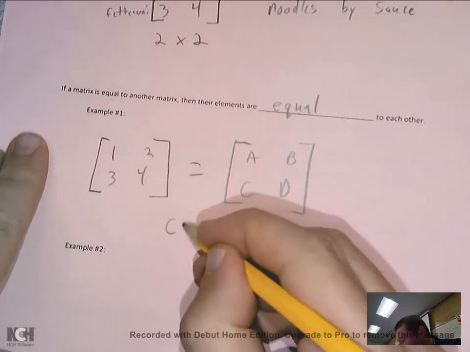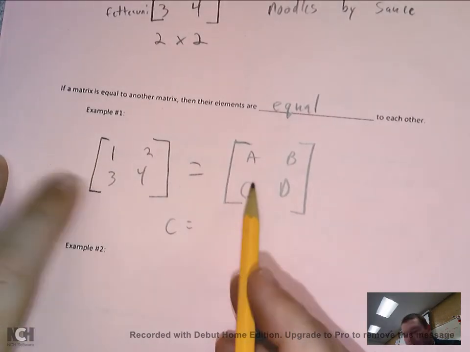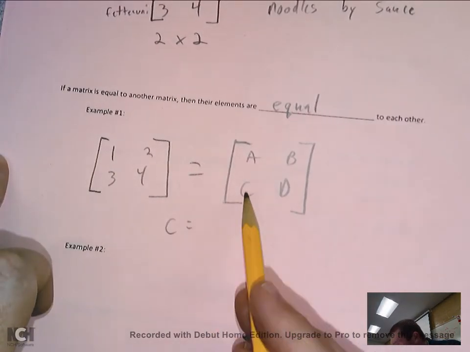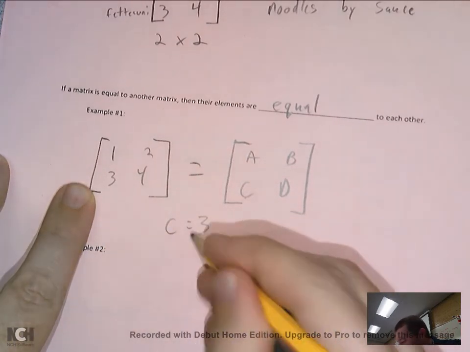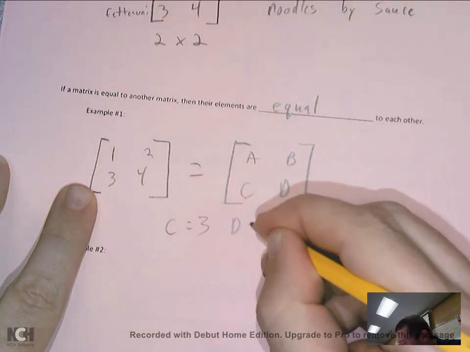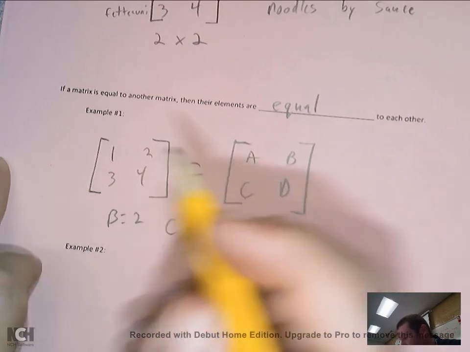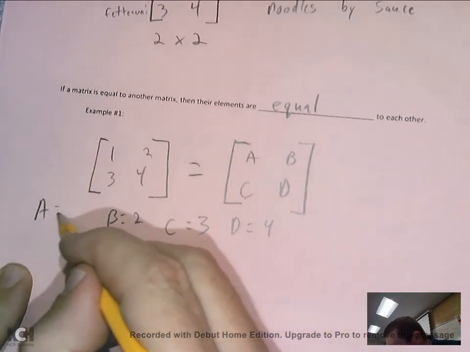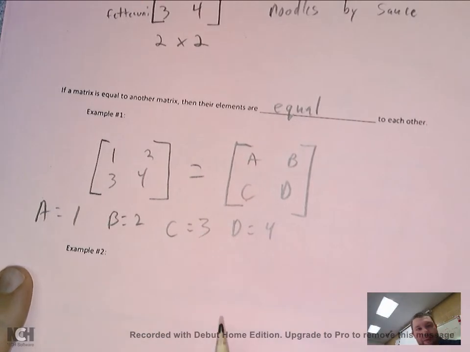Well, C would equal the same element in the other matrix, right? So this is in row 2, column 1. So row 2, column 1 is 3. So C would have to equal 3. Okay, not too tough, right? D would have to equal 4. B would have to equal 2. A would have to equal 1, right? It's not too hard of a concept.